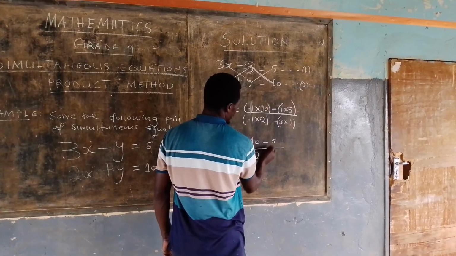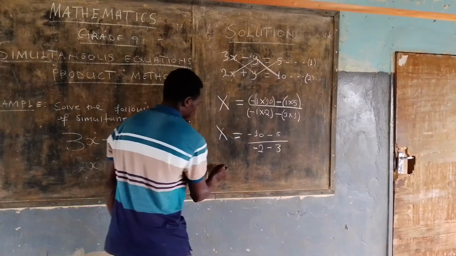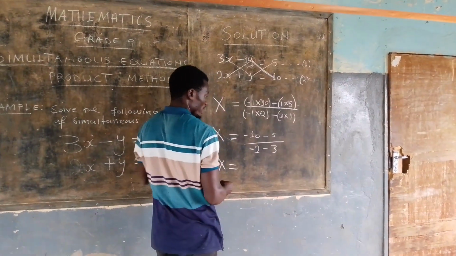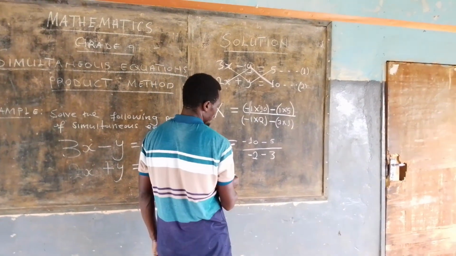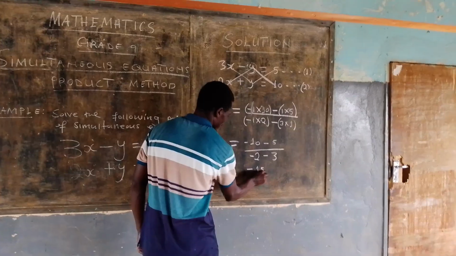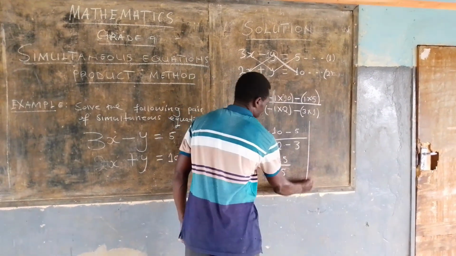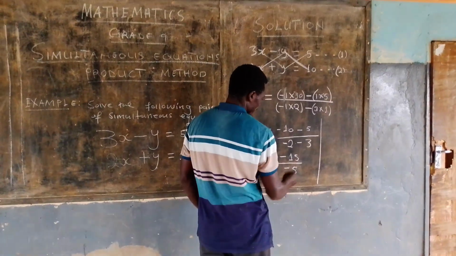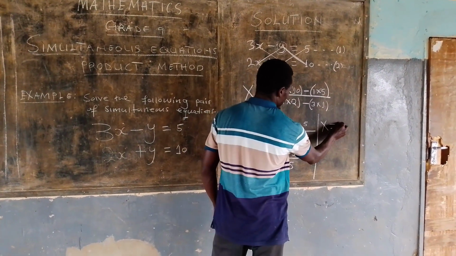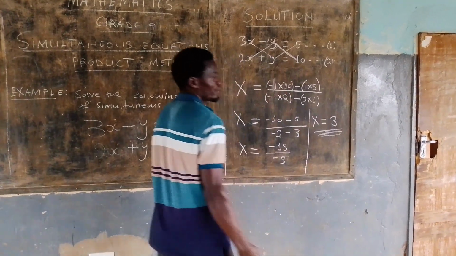Positive times negative is negative. 3 times 1. So for our x, when you have the same signs, you add and maintain the same sign. So what do you get on top? Negative 15, and down negative 5. When you are dividing the same signs, you get a positive. So 15 divided by 5 will be 3, meaning our x is 3.